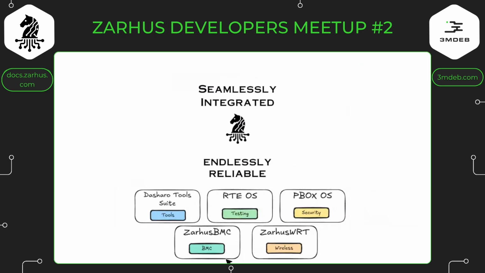As you all know, probably the most popular and most widespread Zarhus derivative is the Zarhus toolsuite. It is a set of tools packed as a minimal Linux distro, which helps in deploying, updating, and maintaining firmware, open source firmware like our Zarhus, but probably can be used for other purposes.